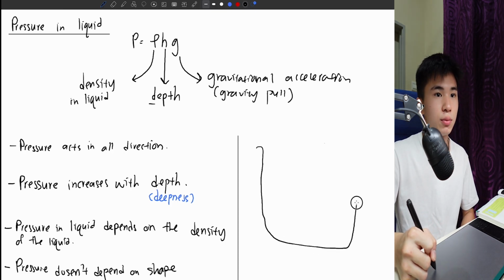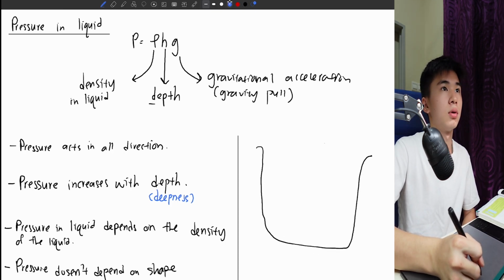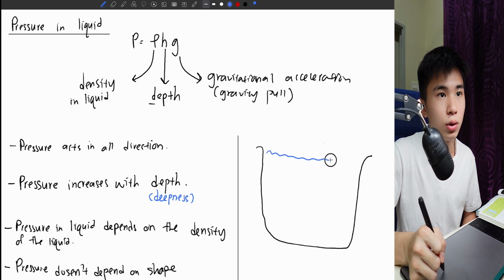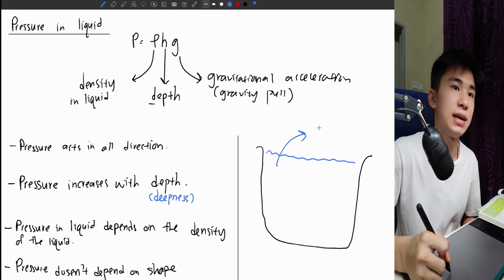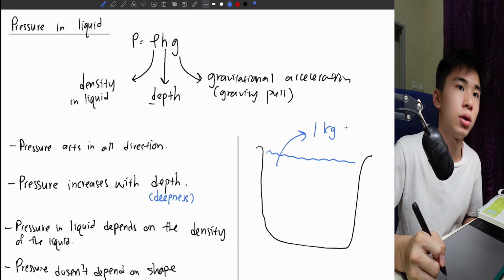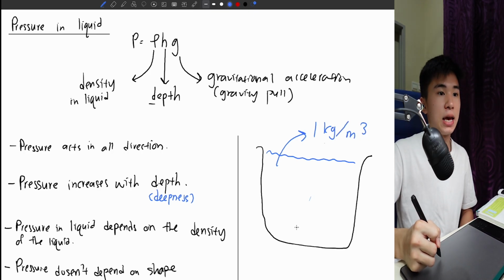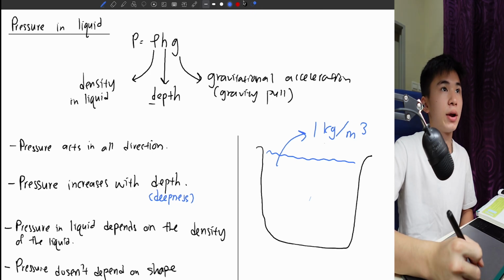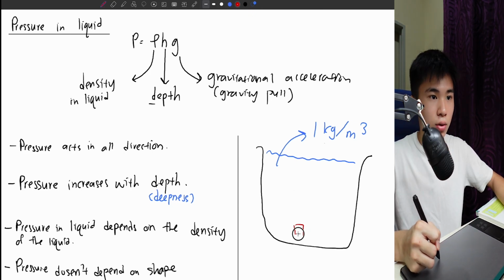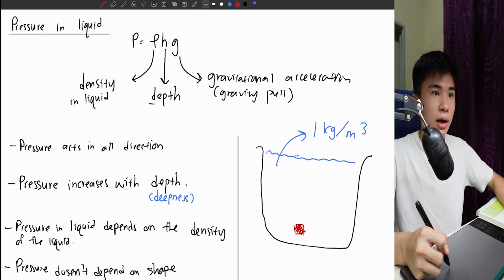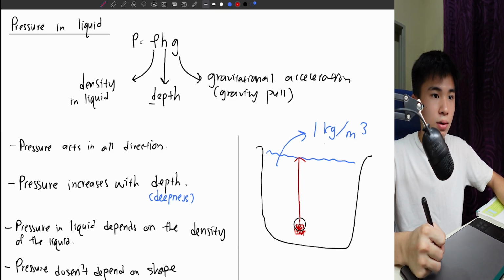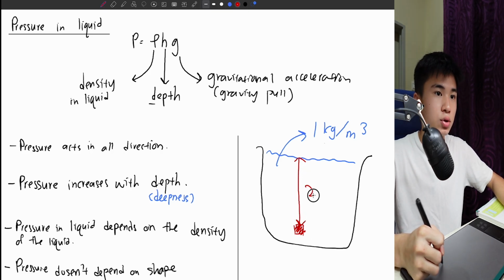So let's say this will be our swimming pool, and this will be our liquid, and the density of this liquid is going to be 1 kg per meter cube. And let's say we have a red object right here, and the depth is 2 meters.